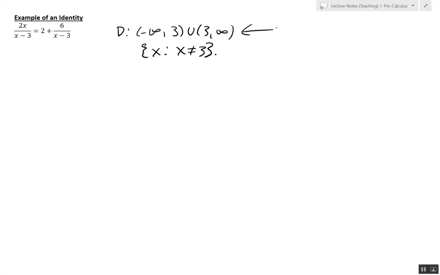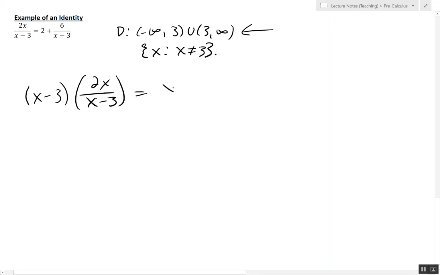So let's solve it. So we can multiply both sides by x minus 3 to clear denominators. And since we're not defined at x equals 3, that's perfectly okay to do. So we get x minus 3 times 2x over x minus 3. So this will equal x minus 3 times 2 plus 6 over x minus 3.